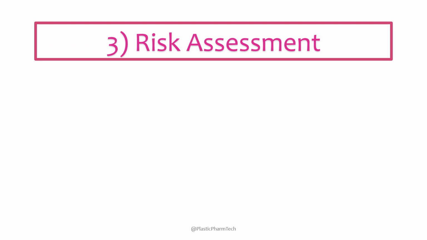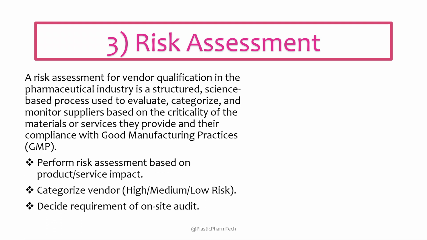And third phase of vendor qualification process is risk assessment. What is risk assessment? A risk assessment for vendor qualification in the pharmaceutical industry is a structured science-based process used to evaluate, categorize, and monitor suppliers based on the criticality of the materials or services they provide and their compliance with good manufacturing practices, that is GMP.